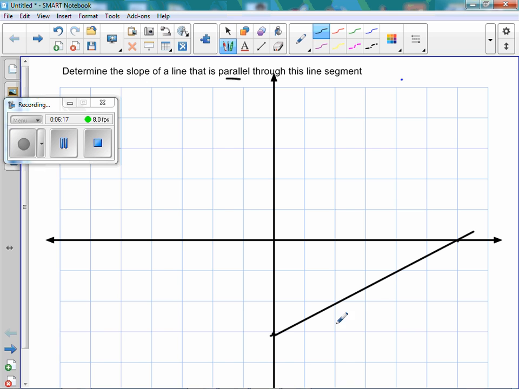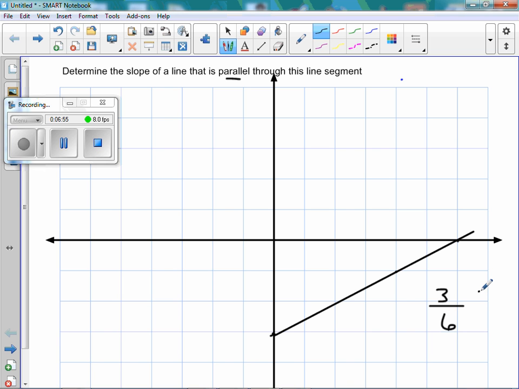Okay. So this looks like it's just about in between here. So it's right here. You're going to go up 1, 2, 3, and over 1, 2, 3, 4, 5, 6. So it'll be 3 up, so that's positive, 6 over. Or, let's go up 1, 2, and over 1, 2, 3, 4.